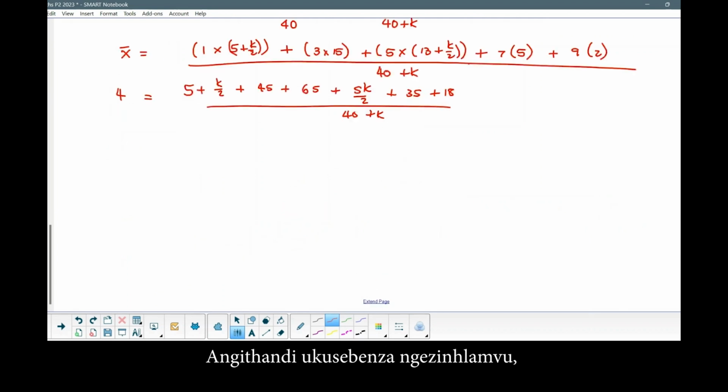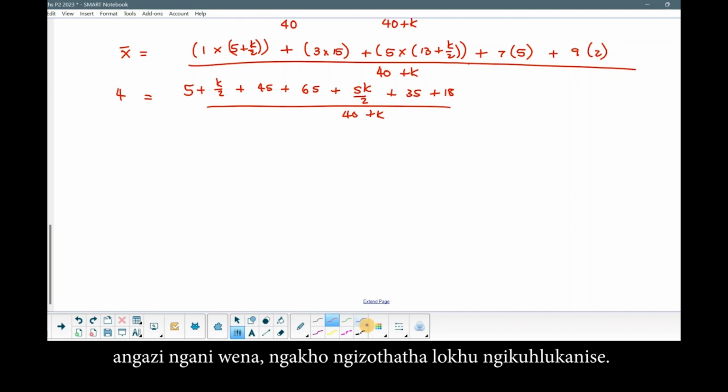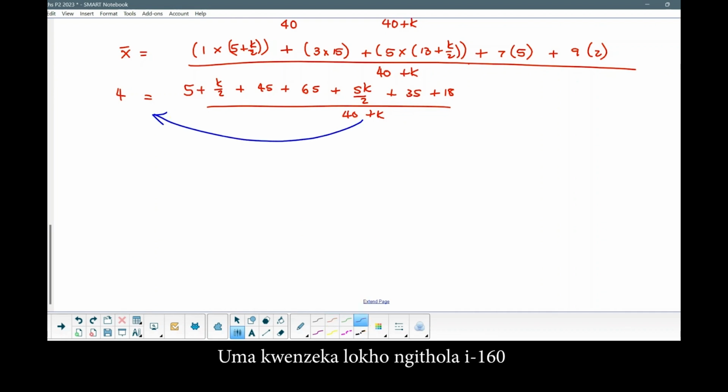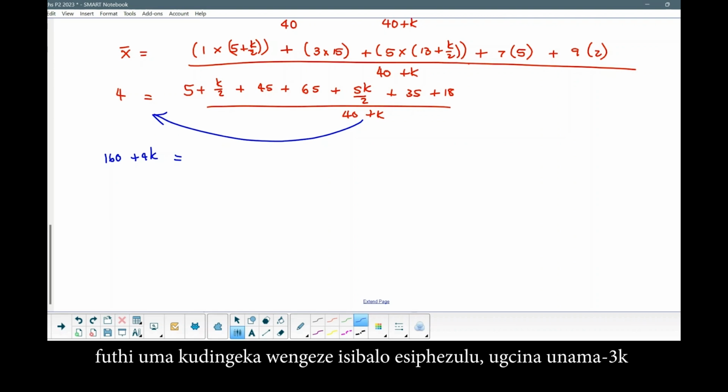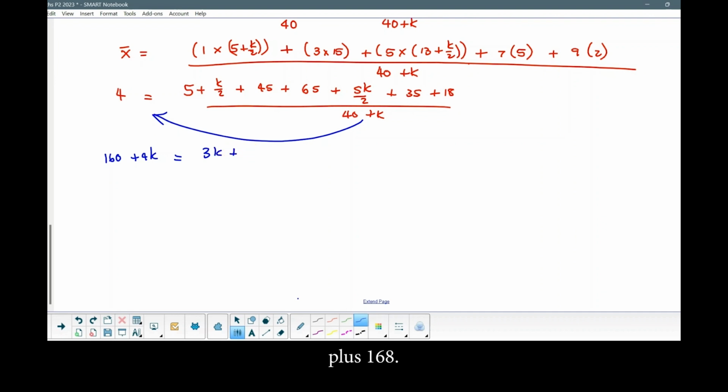I don't like working with fractions. I'm not sure about you. So I am going to take this over and multiply it across. And to do that, I get 160 plus 4K. And now I can neaten up my numerator. And if you neaten up your numerator, you end up with 3K plus 168. So let me explain.